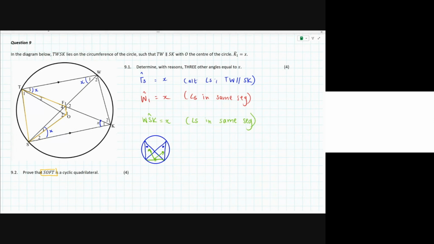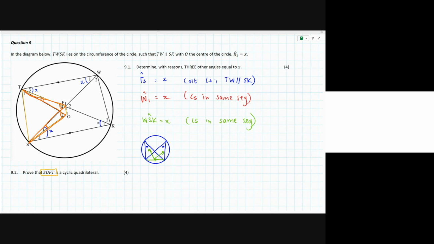So I'll show you my bow tie now. Right, so there's a bow tie looking shape, which essentially tells me that if I can either prove T2 is equal to S1 or F4 is equal to O2, I've proven that the angles in the same seg are equal. And then I've proven it's a cyclic quad.